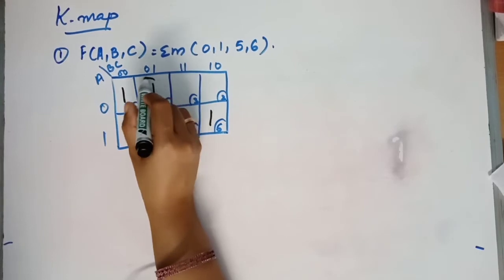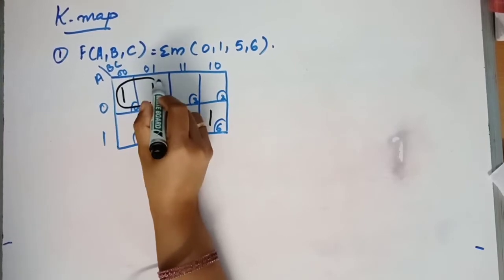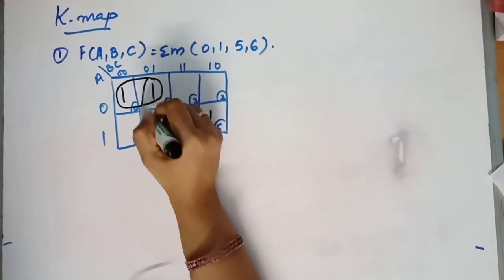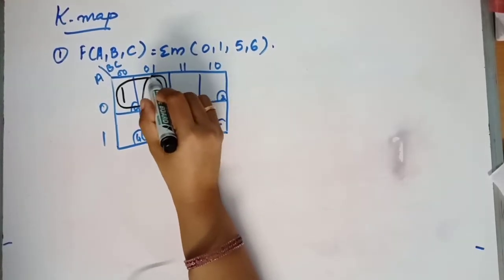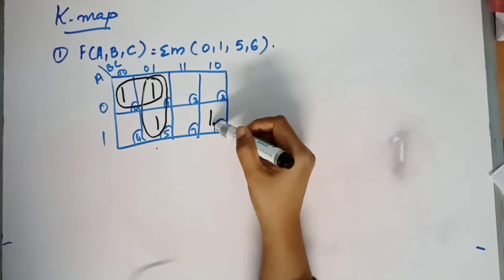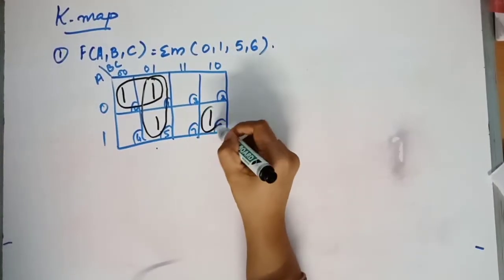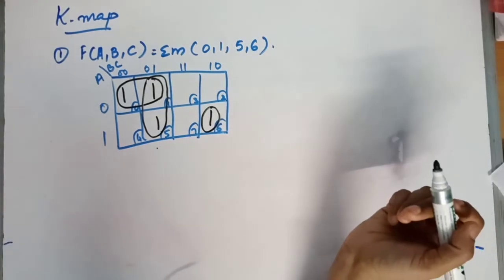These two ones you can group like this. This one should be grouped, so we will go for two ones in a group. This one I cannot group with any of the other ones, so I can group it only single.